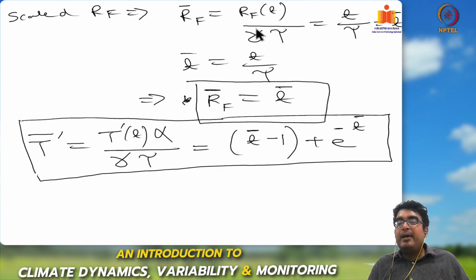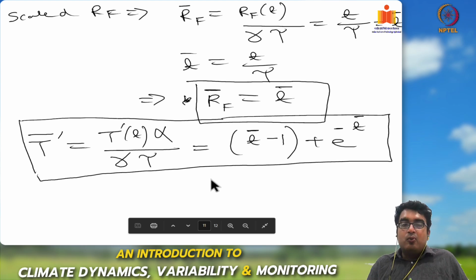So gamma t by gamma tau is t by tau, which is equal to the non-dimensional time t bar. So for this kind of a function, the non-dimensional radiative forcing value, RF by gamma tau, is equal to the time variable itself, t bar, the non-dimensional time variable.